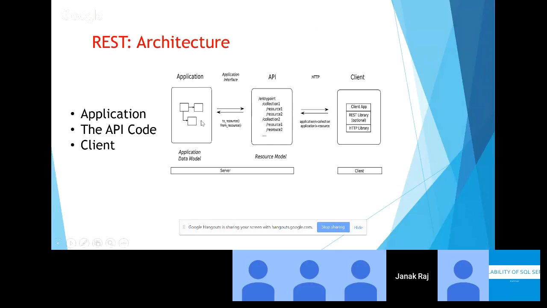It uses the application interface, and then it accesses the application state. After doing that, it exposes it as the RESTful API. In between the application interface and the RESTful API, there is a transformation step that adapts the application data model and makes it comply with the RESTful architecture style.